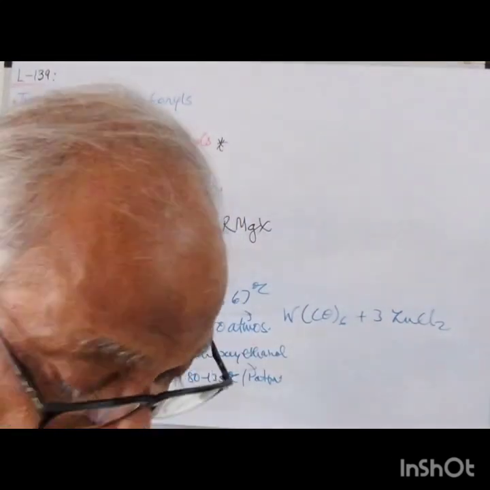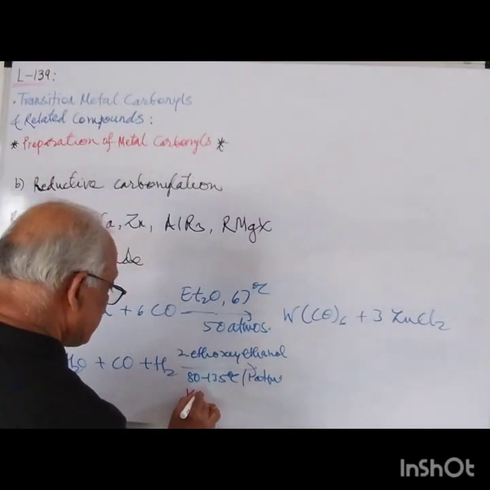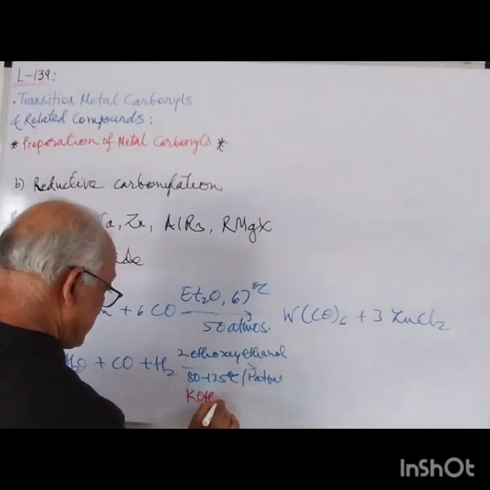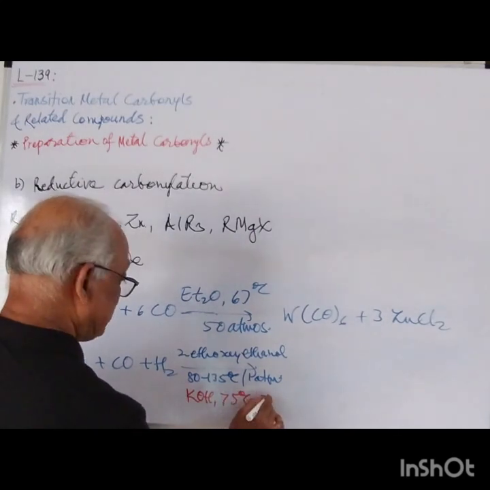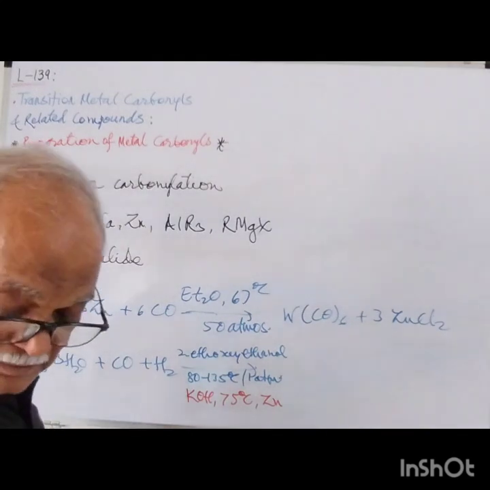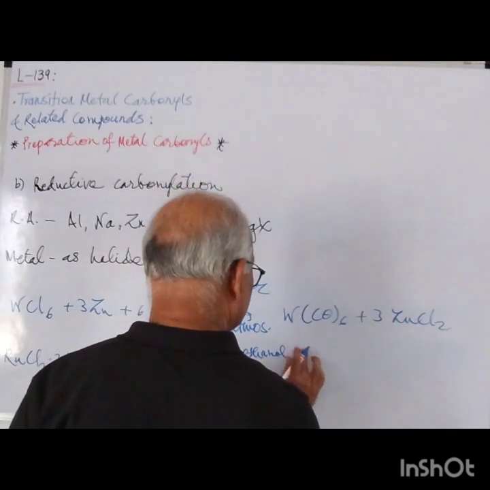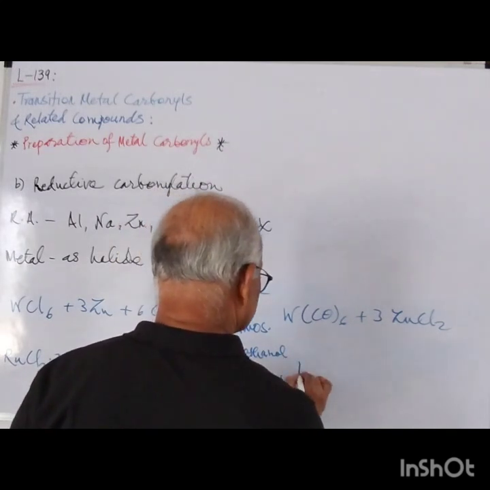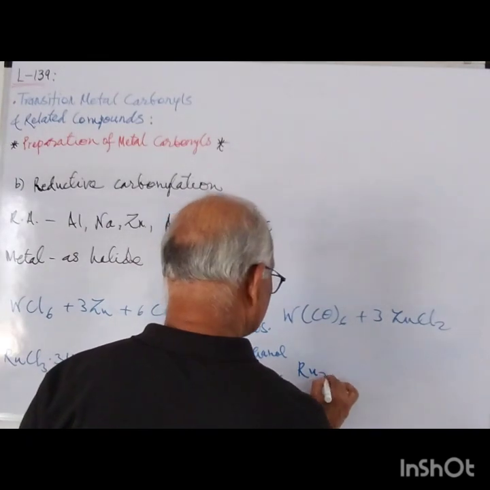Another condition that can be considered here is KOH at 75 degrees centigrade temperature and zinc. So it gives ruthenium Ru3CO12.